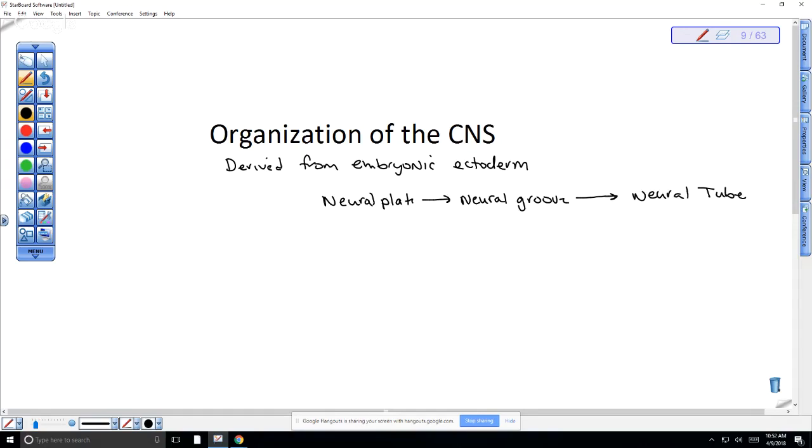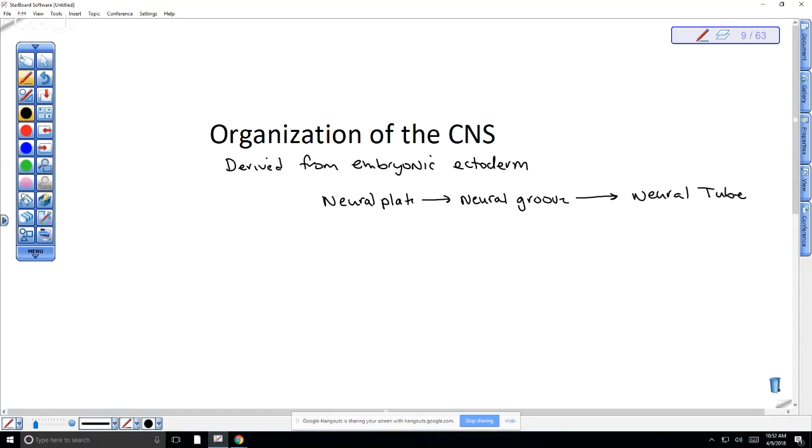You might have heard of the neural tube because there are certain birth defects called neural tube defects. We'll talk about spina bifida, one of those where the neural tube does not develop properly. So there's part of the spinal cord that extends outside of the vertebral column and is not protected by the vertebrae.